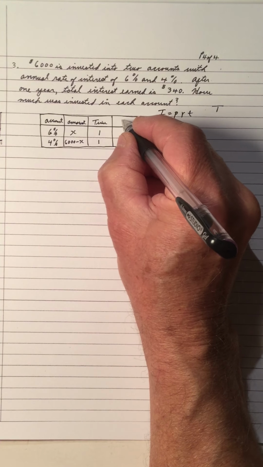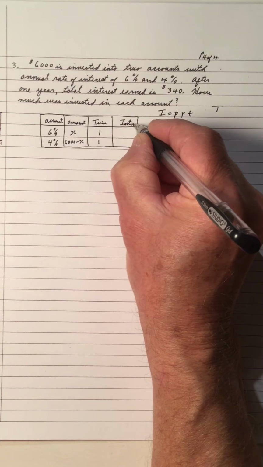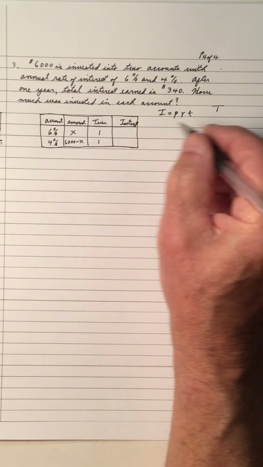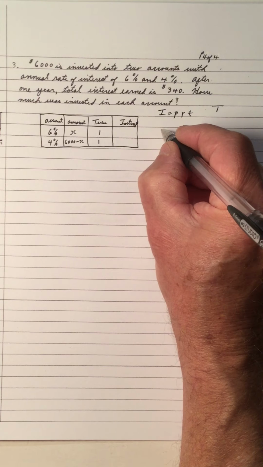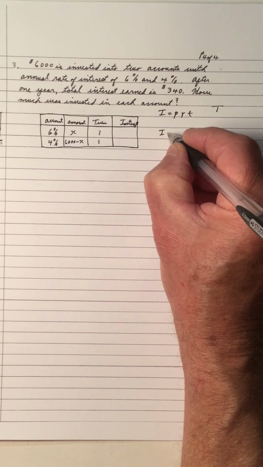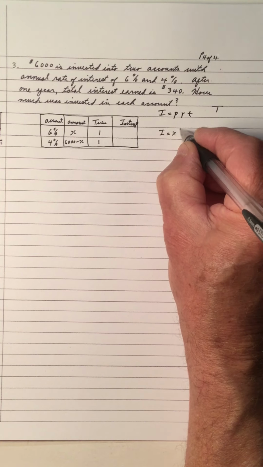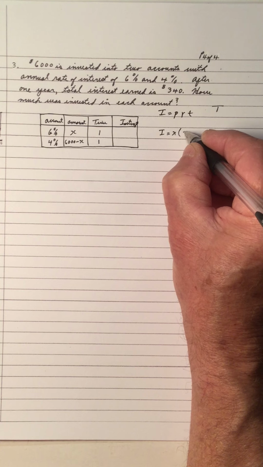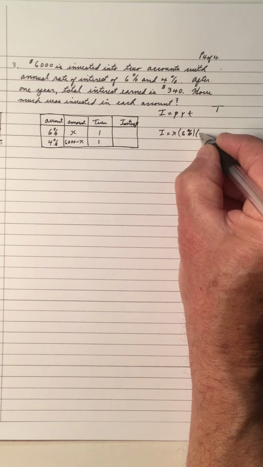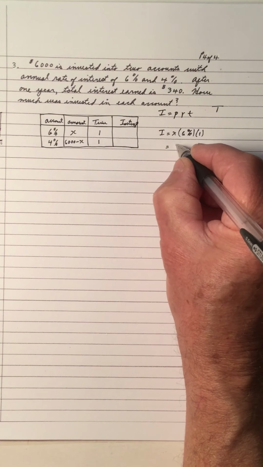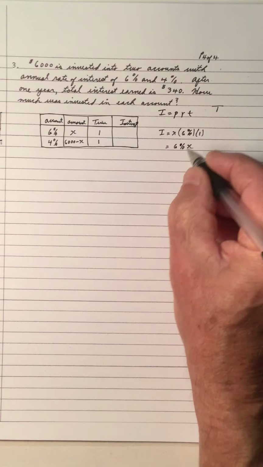And the interest is going to be, calculate this one, principal, which is x, times the rate, which is 6%, times 1. So the interest is 6% times x.